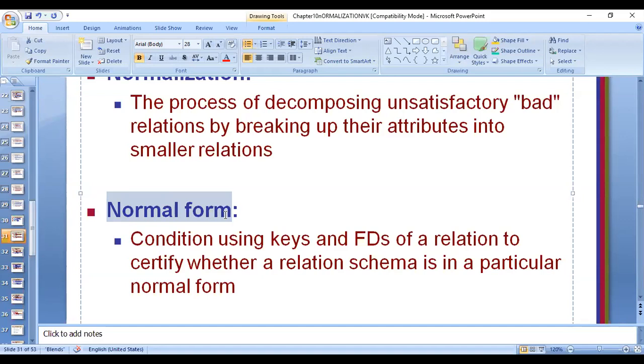Everything cannot be decomposed ideally all at once. So slowly, by applying one rule after another, we are going to achieve this ultimate normalization. Whenever one level of normalization is achieved, that particular level is called a normal form.